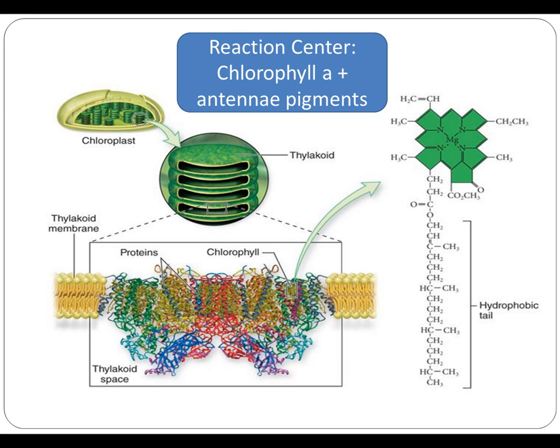They must all be doing what? They're grouped together. They are structured together. They must be functioning together. They're working together. Okay? And collectively, these proteins with a primary pigment, chlorophyll A, make what's called a reaction center. Okay, so the reaction center, you got that on your handout.